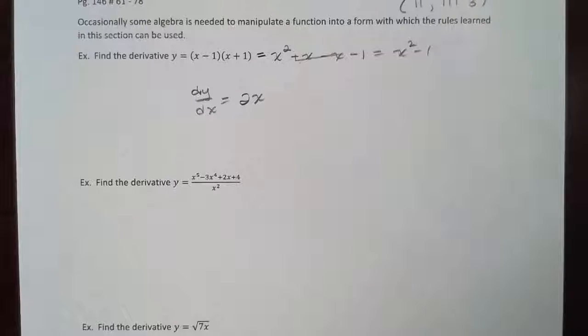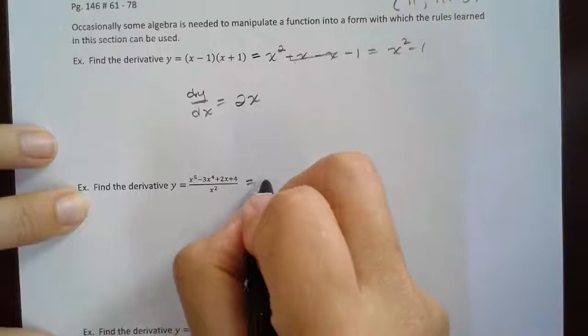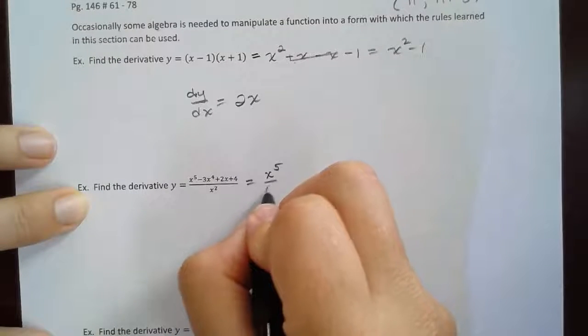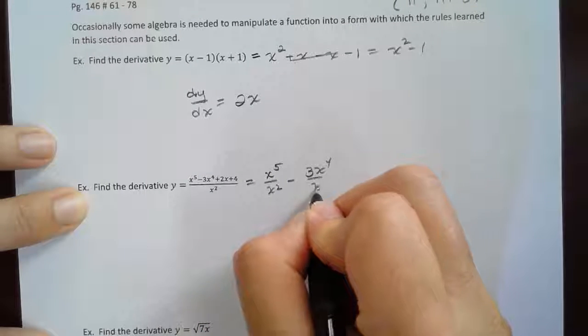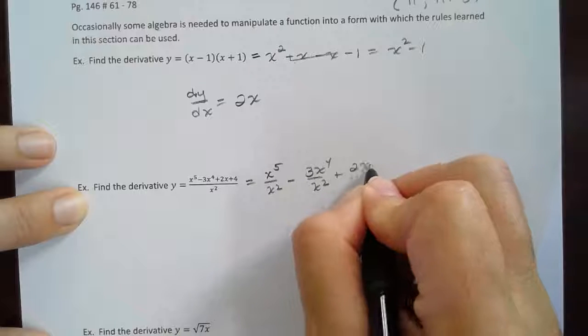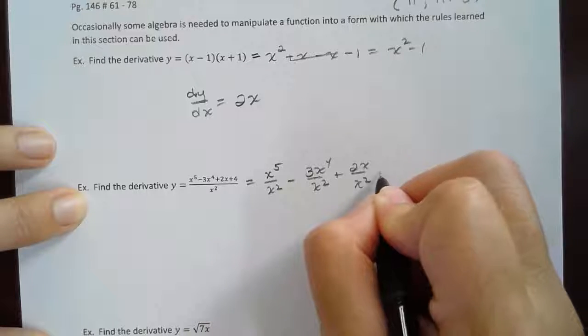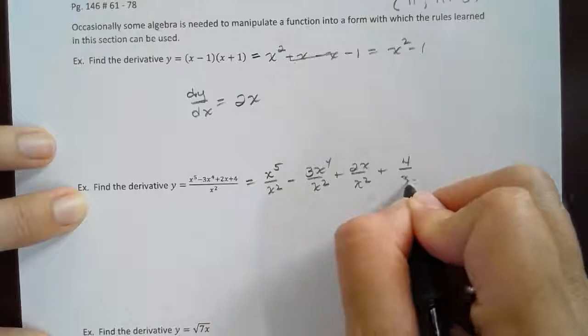Now with these quotients, when you add and subtract fractions, you have a common denominator and then you combine the numerators. So we're going to use this and work backwards. We're going to split this back into 4 separate fractions, each with a common denominator of x squared. So this will be equal to x to the 5th over x squared minus 3x to the 4th over x squared plus 2x over x squared plus 4 over x squared.